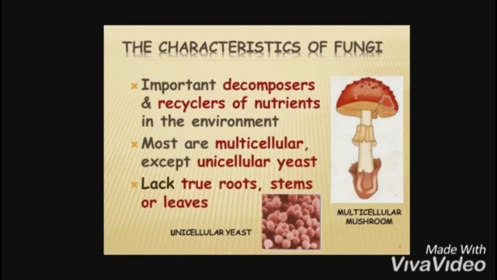Fungi are responsible for breaking down the organic matter and releasing substances into the soil and to the atmosphere. Fungi can be found in many places such as rising bread, moldy bread, stale food in the refrigerator, or on the forest floors. And they lack true roots, stems, and leaves.